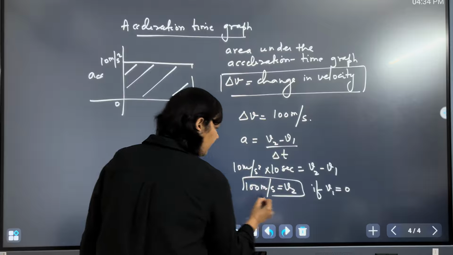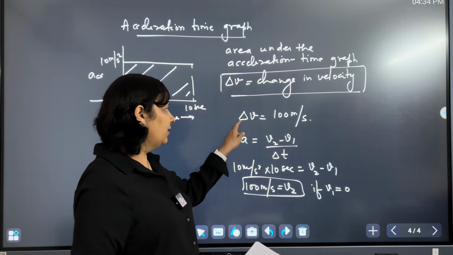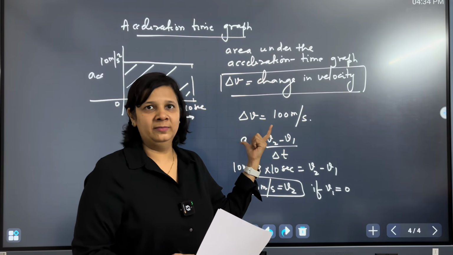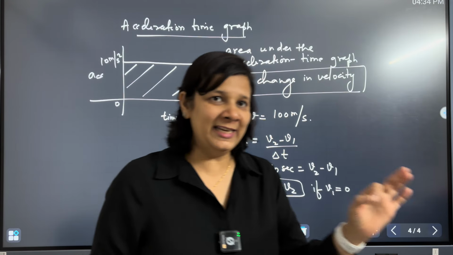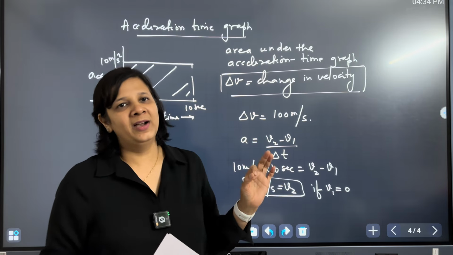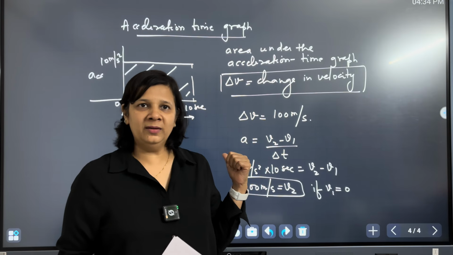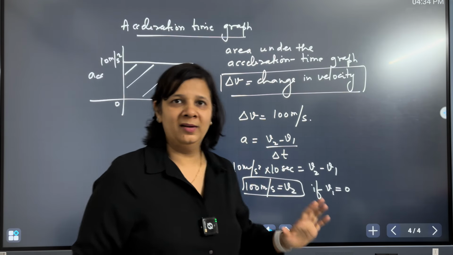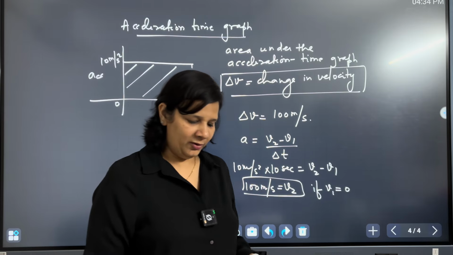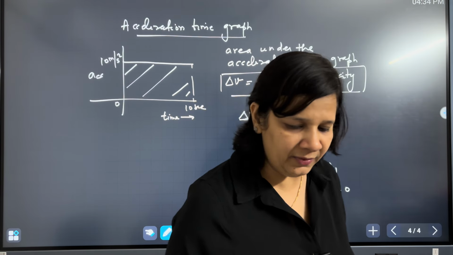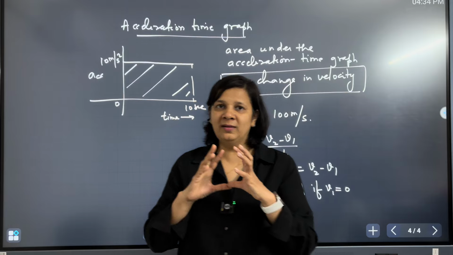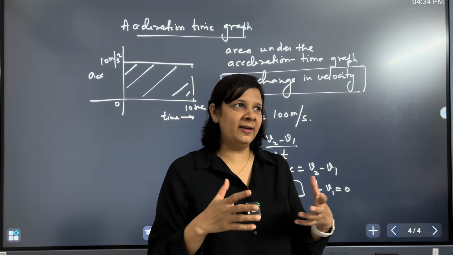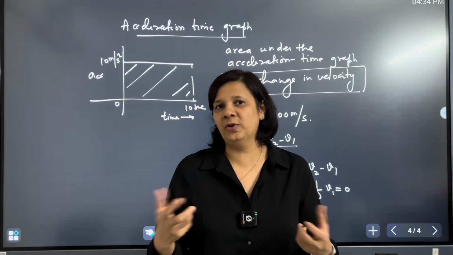The final velocity I can say. Otherwise, this will give you only change in velocity, right? Information of the initial and the final velocity again will be lost if you calculate the area under the acceleration time graph. Okay, so I hope this is clear to you. This is a very important lesson, that from the graph, just by looking at the graph, we can calculate or we can analyze so many things about the motion of an object.